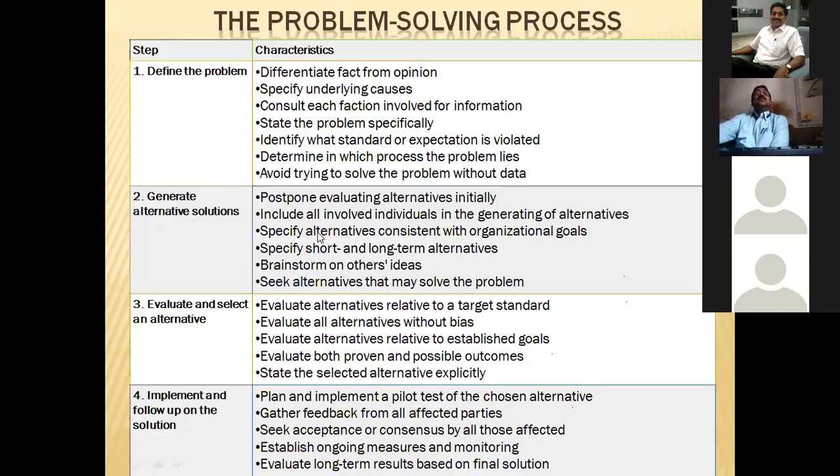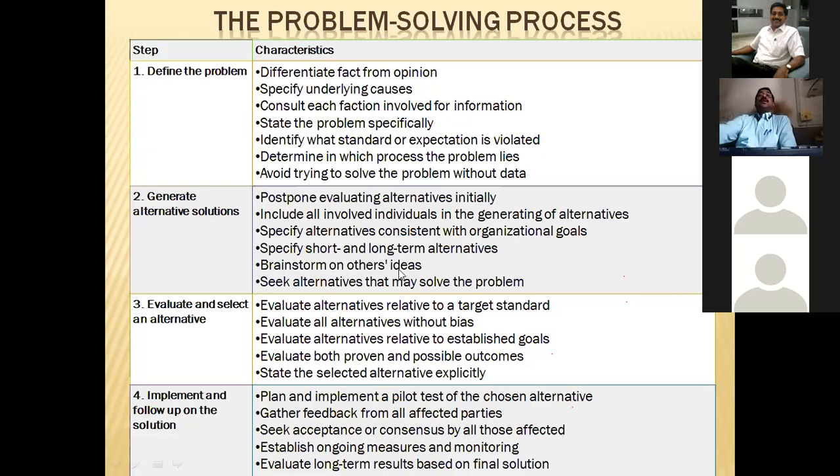The next is specify alternatives consistent with organizational goals. This particularly relates to an organization or company, where we have to specify a good alternative that will help it reach a particular goal. Then specify short and long term alternatives. There are some solutions, but we have to specify whether these are short term or long term solutions.